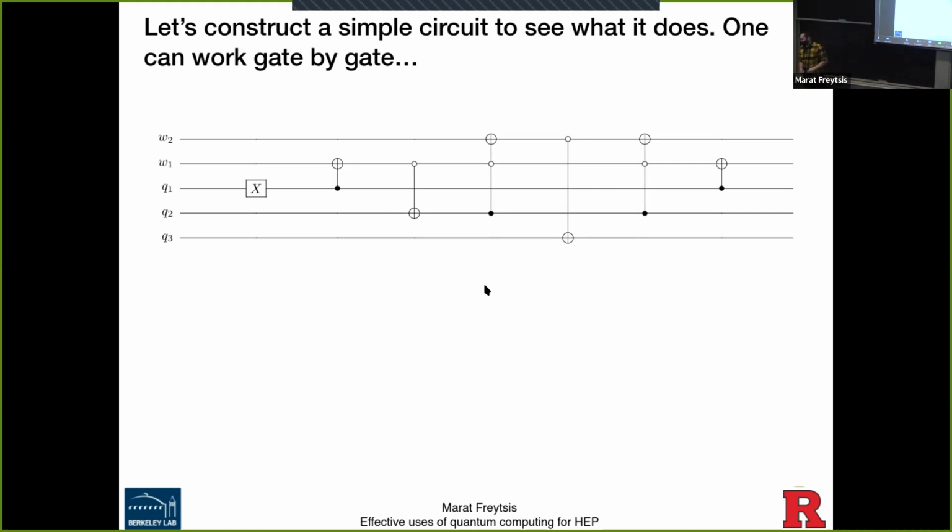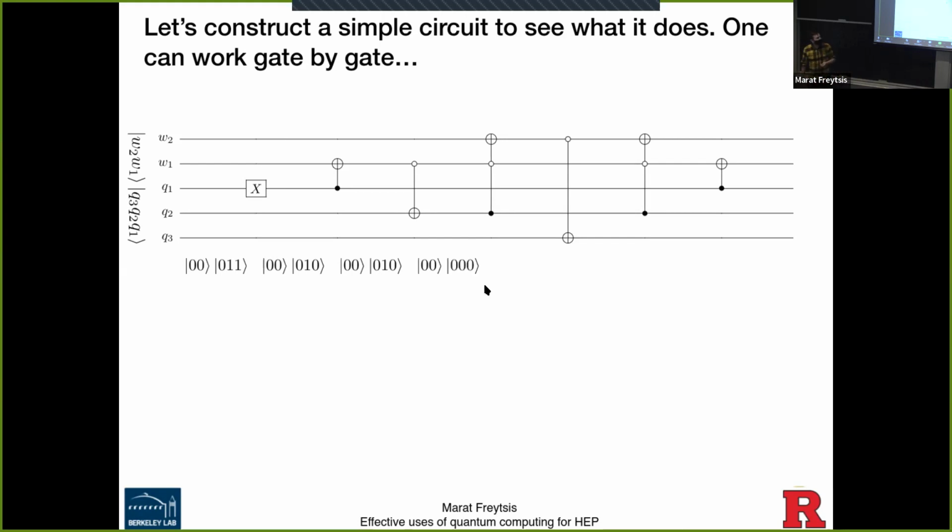So let's say I start with the following state. My W's are in the 0, 0 state. My Q's are in the 0, 1, 1 state, which in binary notation is just 3. I apply the X gate to Q1 that changes one of the ones into a 0. I apply this C0 gate, but because it's controlled by 0, it doesn't do anything.